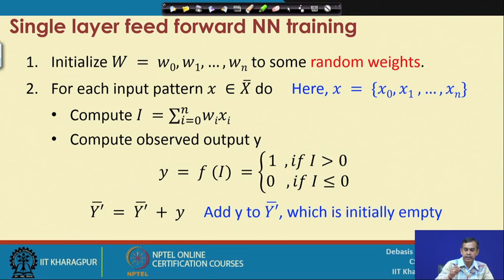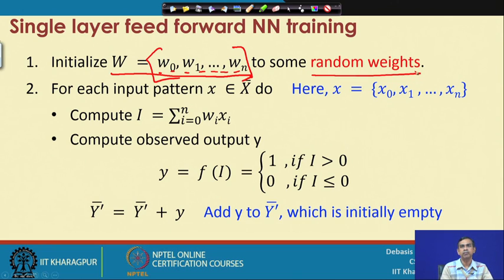So, let us consider W, the weight matrix, in this case. This weight matrix basically has n plus 1 weight values, because n plus 1 inputs are there. Initially all the values in this weight matrix are chosen as random values. So, random weights. The weight matrix can be normalized in the scale of 0 to 1.